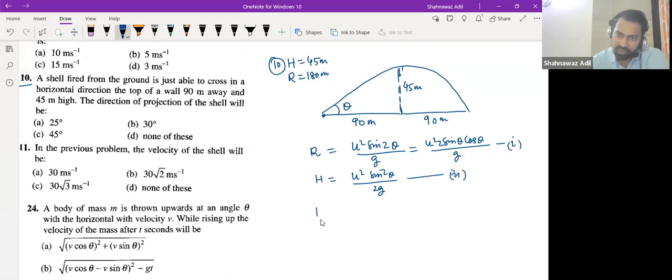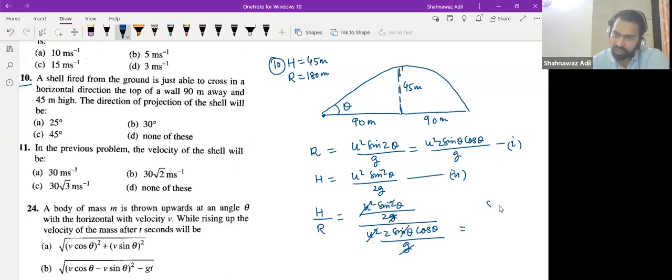So H by R. H is U square sine square theta by 2G, and R is U square 2 sine theta cos theta by G, right? So G cancels, U square cancels, sine theta cancels.